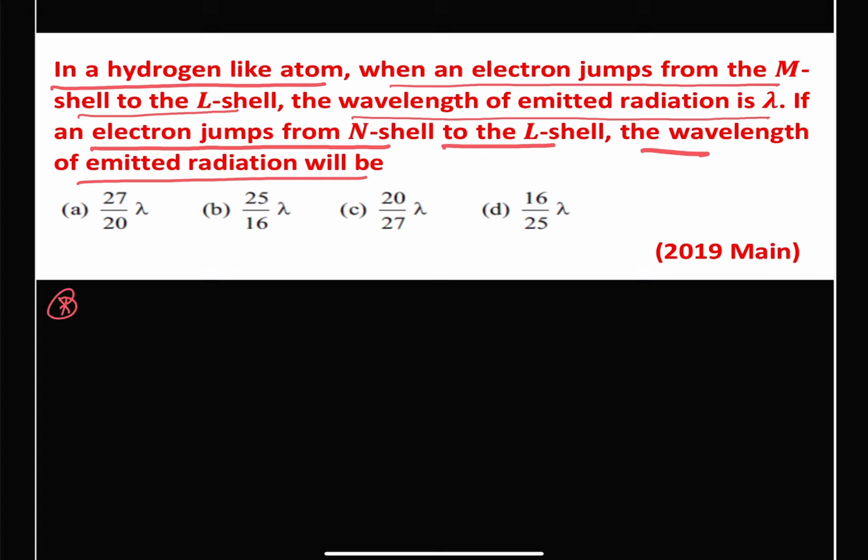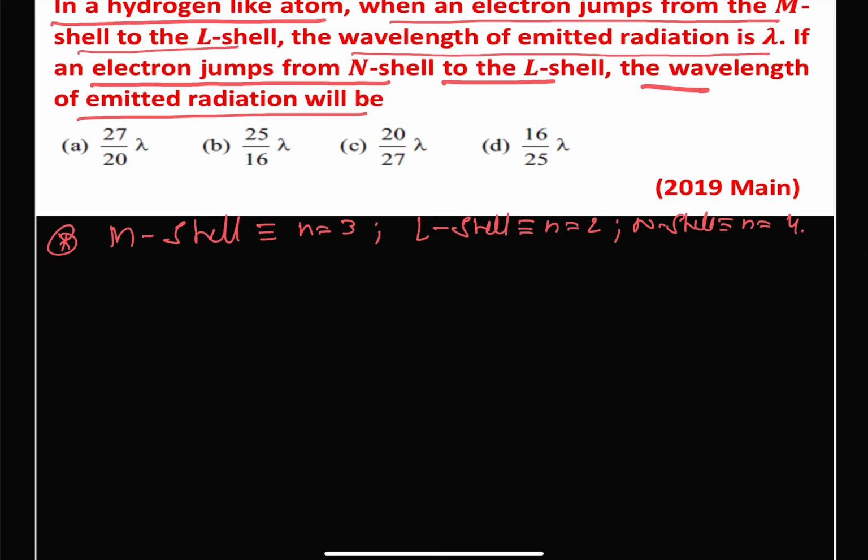You can see that we have our M shell, and the value for M shell is n is equal to 3. Then we have our L shell, where n is equal to 2. And finally we have our N shell, where n is equal to 4.